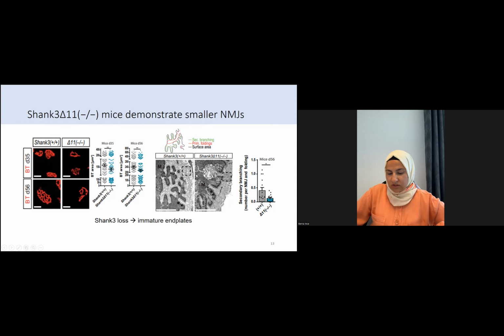And in contrast, SHANK3 knockout mice displayed an undefined postsynaptic cleft with less complex postsynaptic folding, as shown by fewer branches. And we postulate that the SHANK3 loss leads to immature end plates.